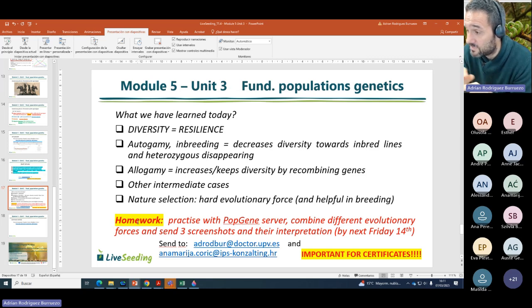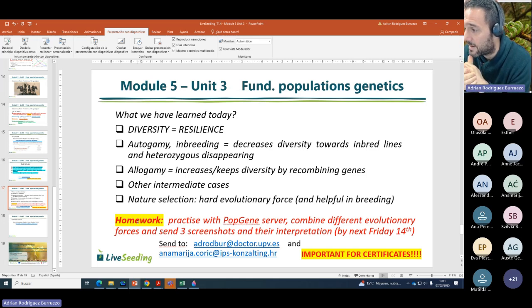As I told you also in my presentation, these are extreme cases, but there are other intermediate ones. In such intermediate cases, there are formulae, equations to estimate how the structure of the population advances, considering partly autogamous or partly allogamous, but I prefer to simplify with the unit of today.